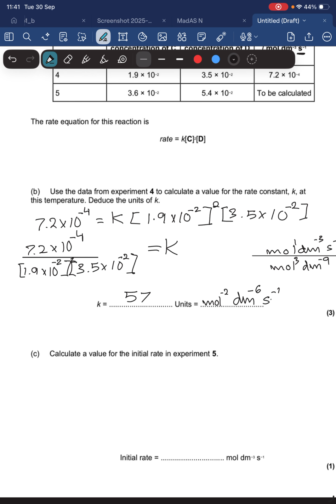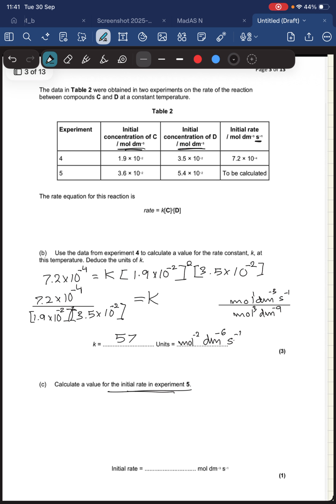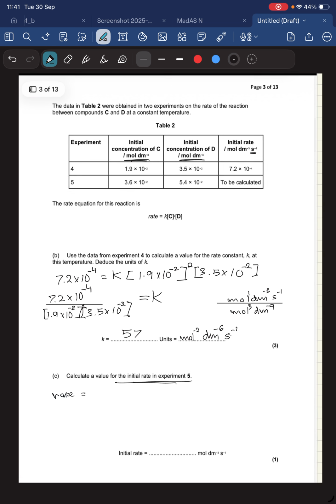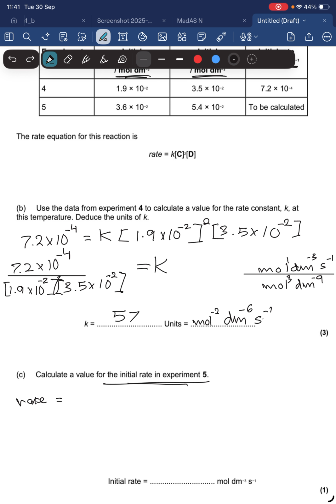So, calculate a value for the initial rate in experiment 5. Now that we know what K is, we know how to calculate the rate. So this time, instead of finding out what K is, we find out what the to-be-calculated part is. And that is 57 times 3.6 times 10 to the negative 2.